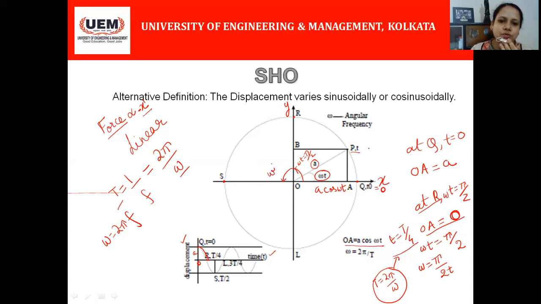So at S, omega t is equal to pi, and so OA, the displacement, when we fit in omega t to be pi, we get from this relation that OA is equal to minus A. So the displacement is minus A. And what is the corresponding time? Again, when omega t is equal to pi, omega is equal to pi by t.